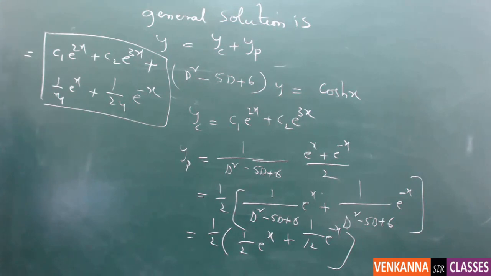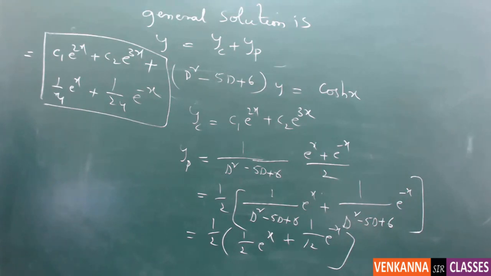So in the previous problem, which I have taken as an example, the general solution is given by yc plus yp. So what is the procedure for a non-homogeneous equation? For every equation, we have to find yc, that is common: writing the auxiliary equation, finding the roots, and writing c1 e power x plus something.